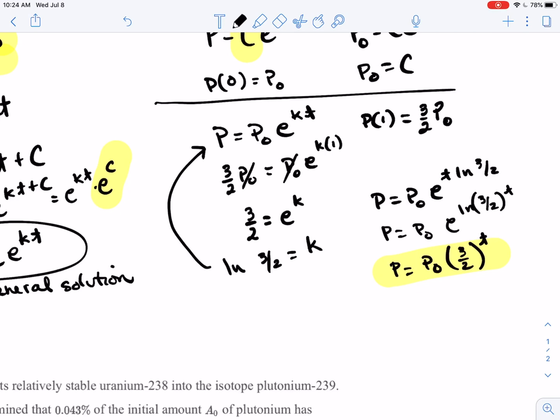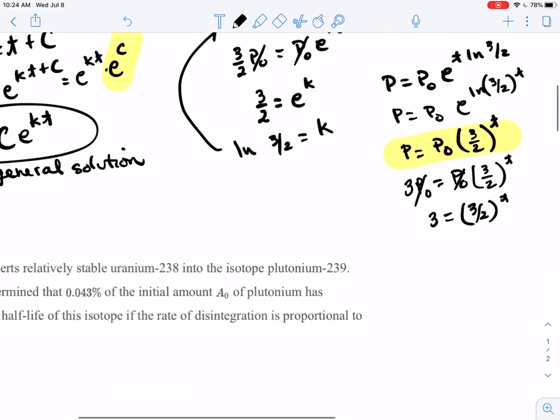So I have 3P naught would mean that it triples the initial, and then I have it written like this. Cancel, cancel. 3 equals 3/2 to the t. All right. Just move this out of the way.